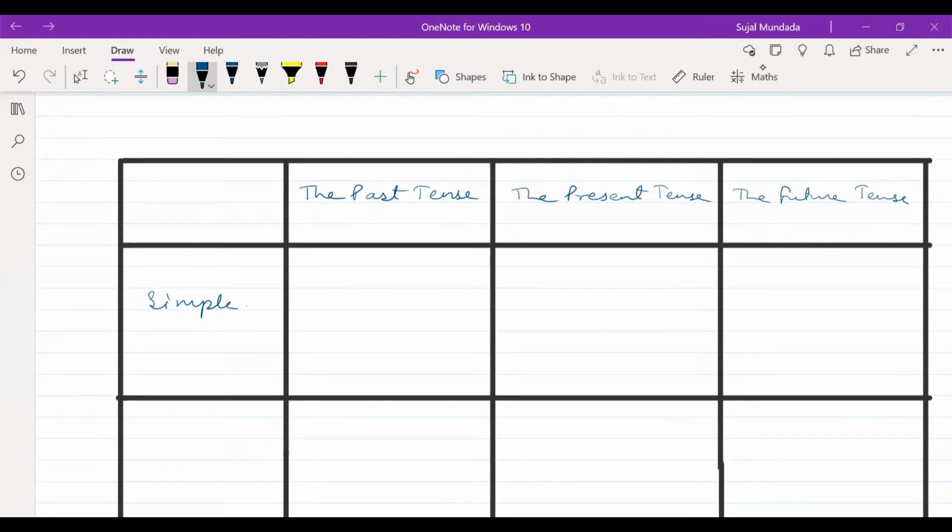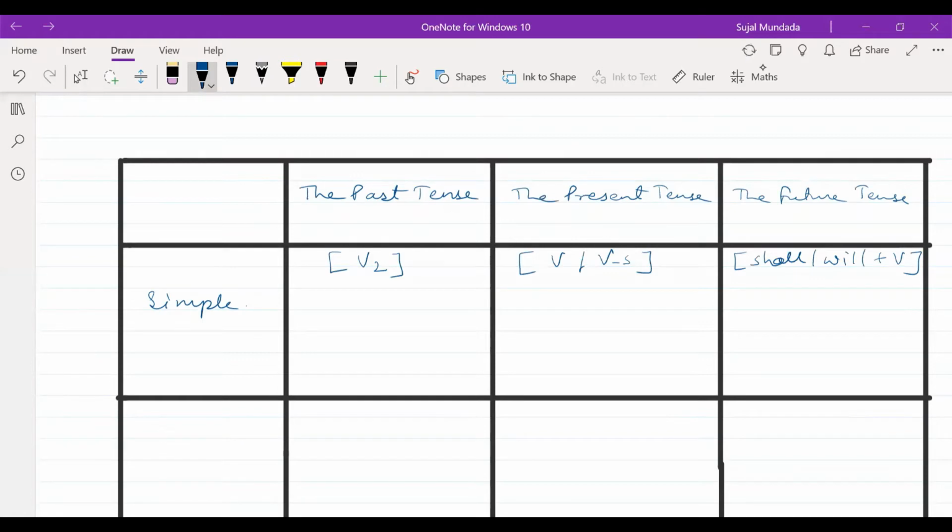Simple past tense. Now, what is the structure of the verb in simple past tense? For example, we will take it as V2. So, V2 form of the verb is used in simple past tense, whereas in simple present tense, the verb structure is V or VS. And in simple future tense, the verb structure is shall or will plus verb.